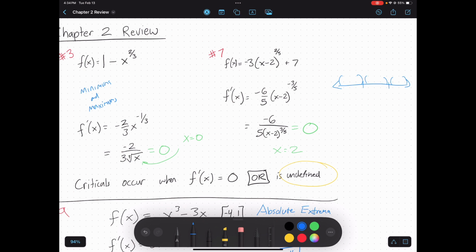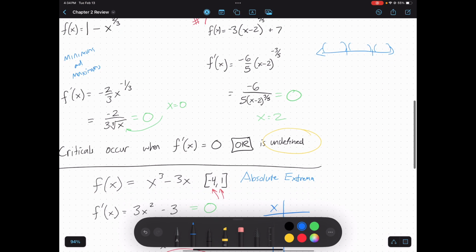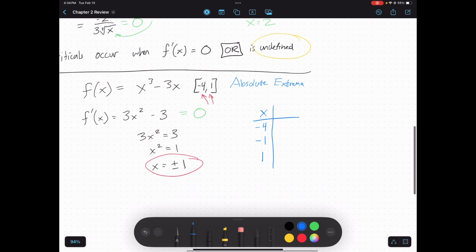But because I'm looking for absolute min or absolute max, I'm really just concerned about which x value is going to give me my absolute highest y value, and which x value is going to give me my absolute lowest y value. In that case, to test these points, I'm just going to plug them back into my original function.